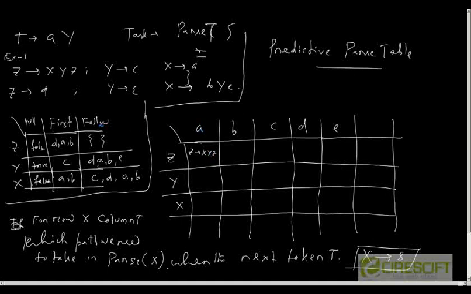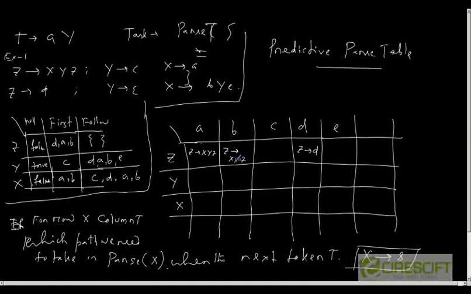And suppose you get an input token D, since D is in first of D, you apply the production Z is equal to D. If you get input symbol B, what can happen? B is also present in first of XYZ, so for B also we need to select X, Y and Z. Understood?